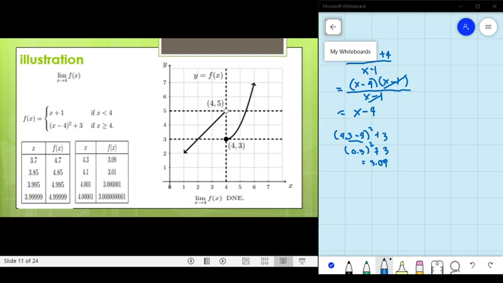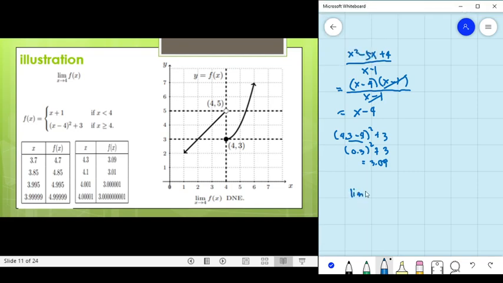In other cases, the limit fails to exist because it is undefined, such as the limit of 1 over x as x approaches 0. Undefined, so it is still does not exist. Okay?